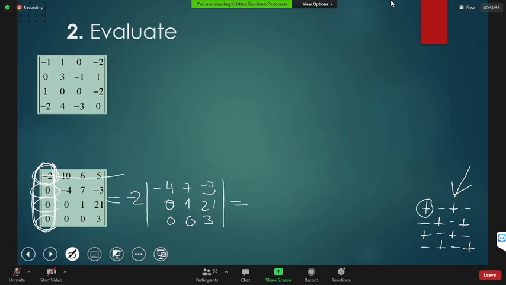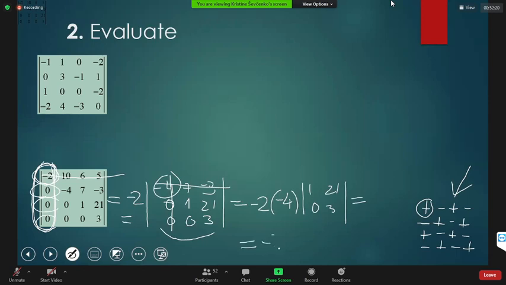Now this 3 by 3 determinant can also be expanded in the same way through the first column. So we have minus 2 from the first term. Now doing this, I understand we have minus 4 times its minor, which would be 1, 21, 0, 3.